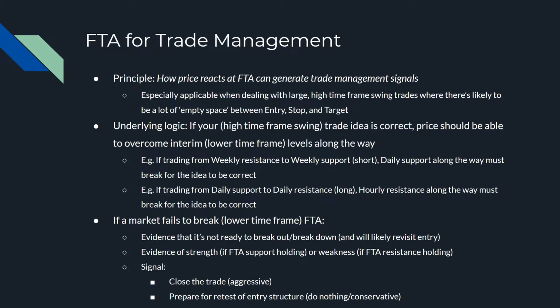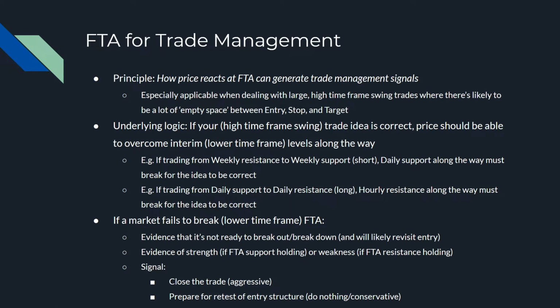Okay, so the underlying logic for FTA for trade management, that if your high time frame swing trade is correct, price should be able to overcome interim and usually lower time frame levels along the way. Okay, and we'll have a diagram here in a moment, but let's just get through the concepts first. A couple of examples conceptually, which we'll draw out shortly.